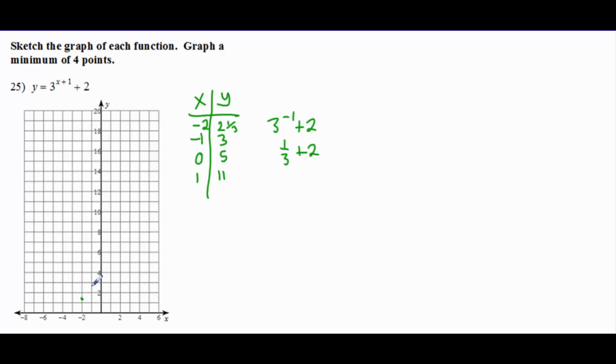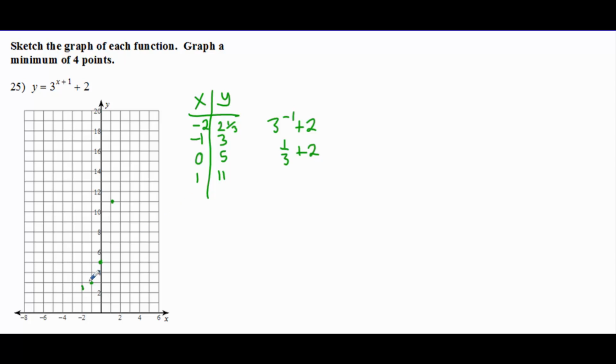At negative 1, it is 3. I did not put that first one in the right spot, so let me just come back and do that in the right spot. And then negative 1 is 3, and 0 is 5, and 1 is 11. Then we're going to connect these.